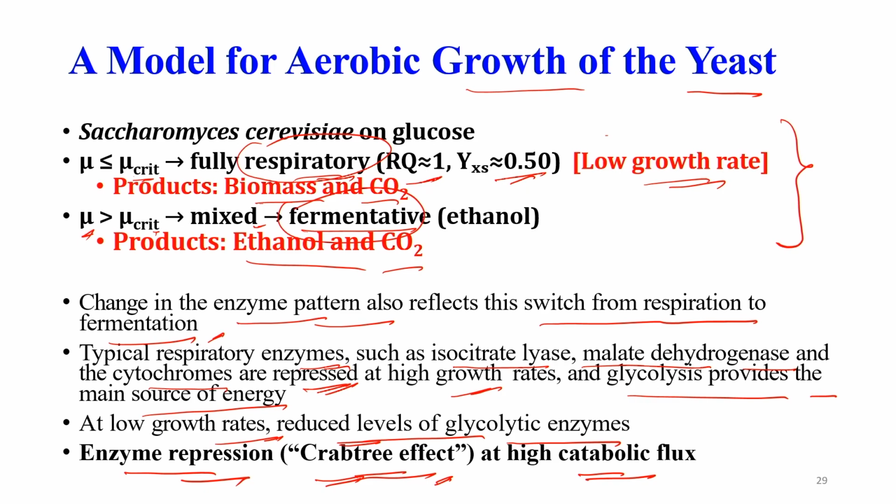The Crabtree effect was initially thought to result from glucose acting as a catabolic repressor, but now what we are seeing is that a high catabolic flux is directly causing the respiratory inhibition. Glucose concentration plays a secondary role. So, both this high catabolic flux plus high glucose concentration are responsible for this Crabtree effect.